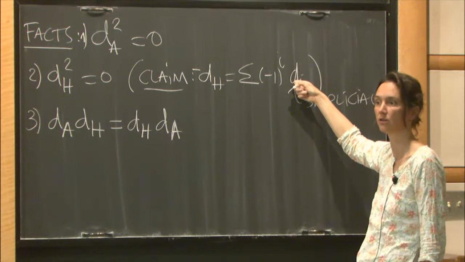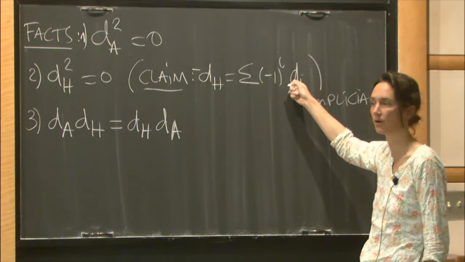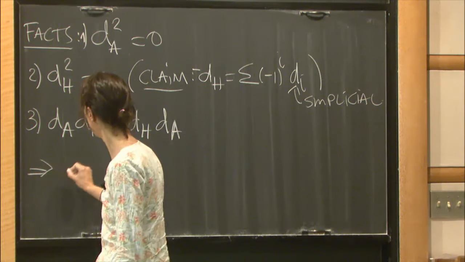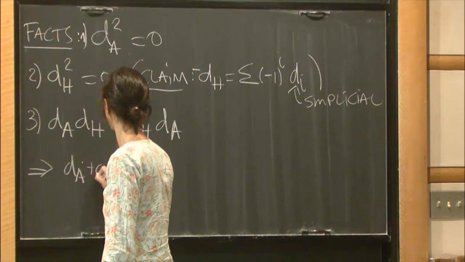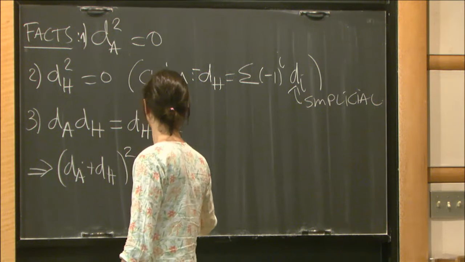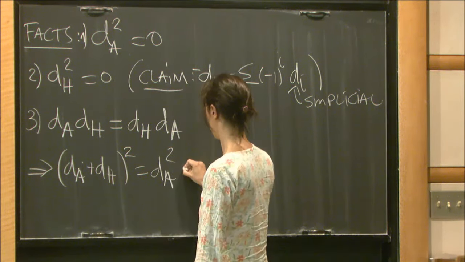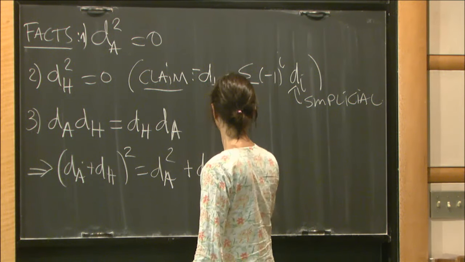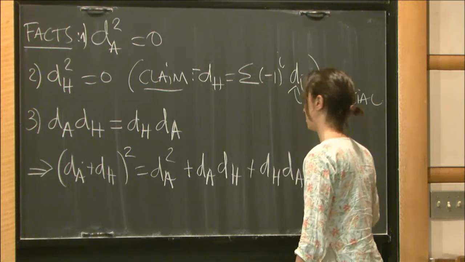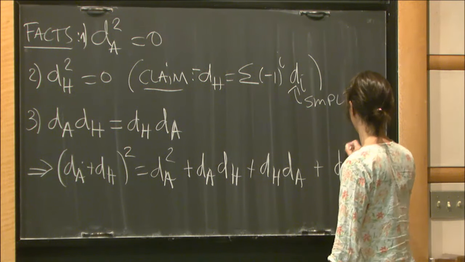I'm just using the fact that the multiplication is a chain map. So therefore (d_A + d_H) squared is equal to d_A squared plus d_A d_H plus d_H d_A plus d_H squared, which is 0.